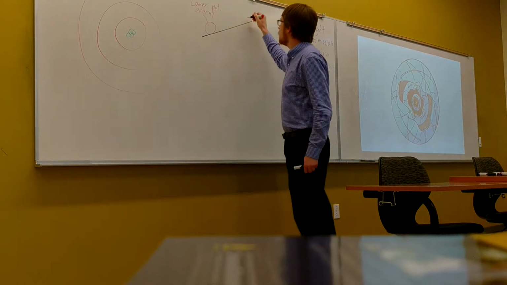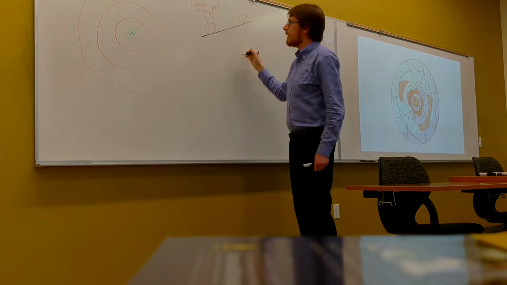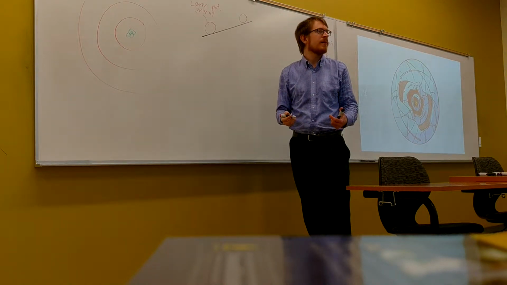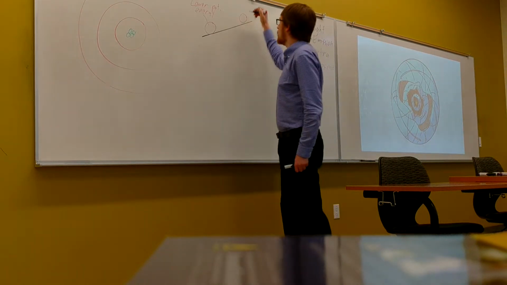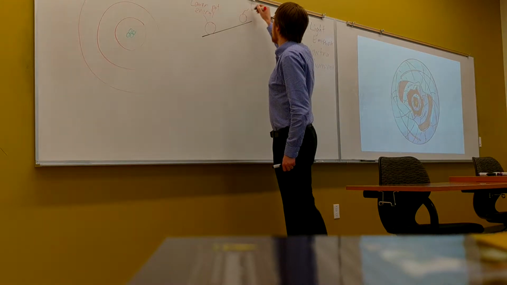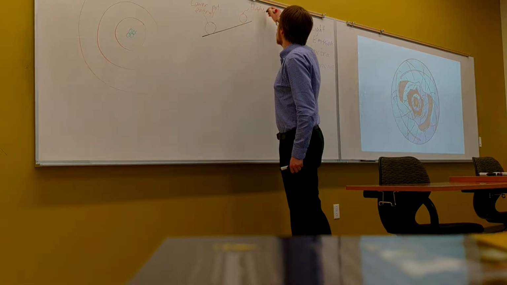But if you bring it up here, at a higher elevation, it'll do more work as it rolls down this slope. So a bowling ball up here will have a higher potential energy.